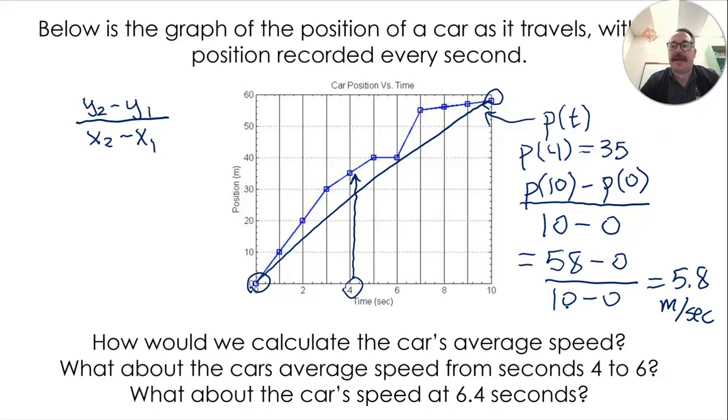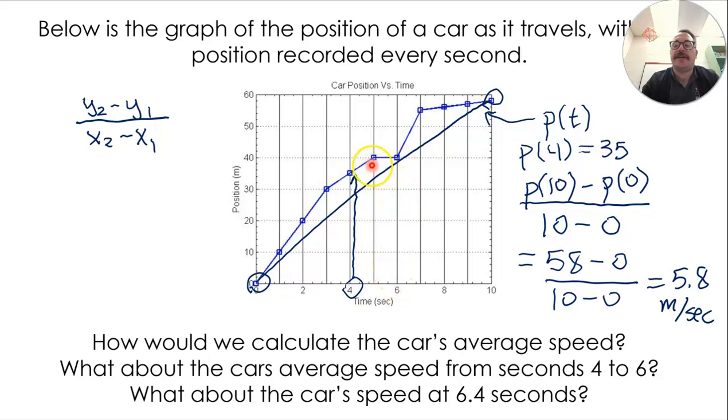Now, this average speed that we've calculated, or it's more commonly called an average rate of change, it's not accurate for every different instance of our car's travel. So like right here, for instance, our car is at a dead stop. We're at 40 meters at 5 seconds, and then we're also at 40 meters at 6 seconds.